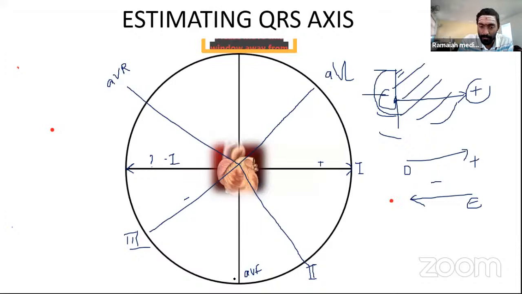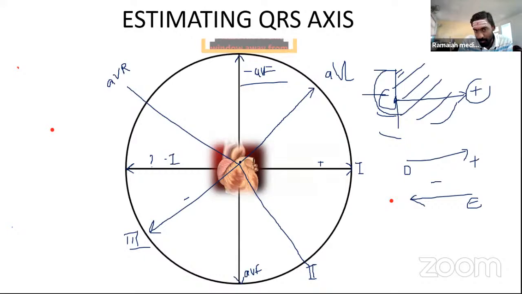So if this is AVF, this is the direction of AVF. So this would be negative AVF, correct. Everyone was understanding that. So this is negative AVF. And if this is the direction of lead 3, so lead 3 exactly is not towards AVL.